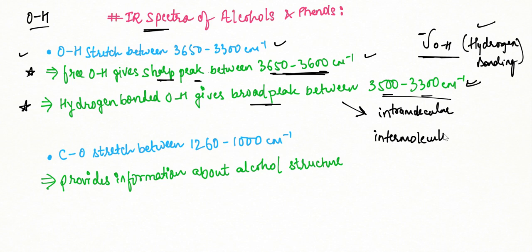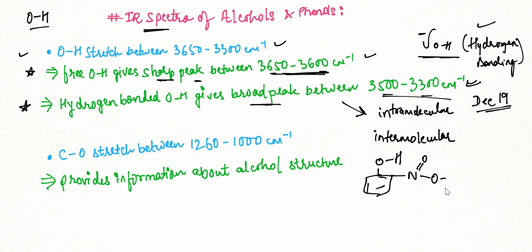Very easy questions come into the CSIR exam which are directly based on this concept. In the December 2019 examination as well, we had a question that a molecule is showing some peak. I don't remember the compound exactly, but definitely there was a question.